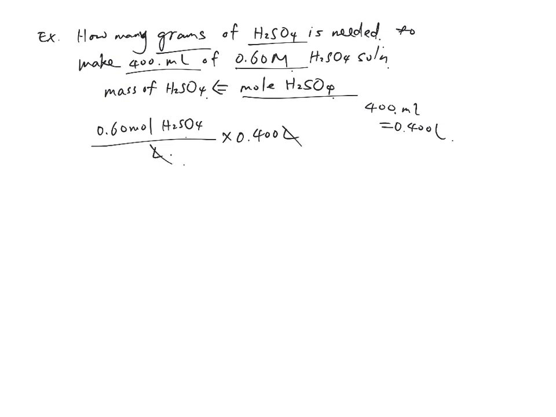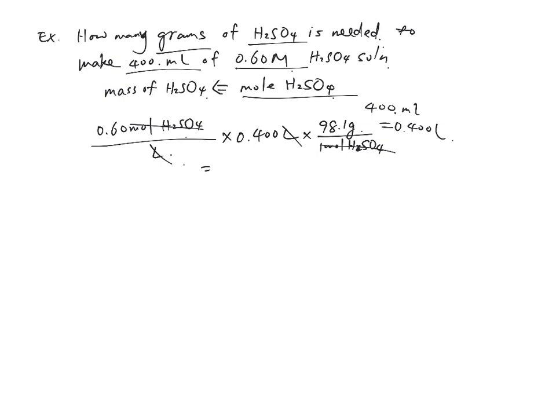And now you've got moles of H2SO4. And each 1 mole of H2SO4 is 98.1 grams. All right, so moles of H2SO4 cancel as well, and keep my two sig figs.